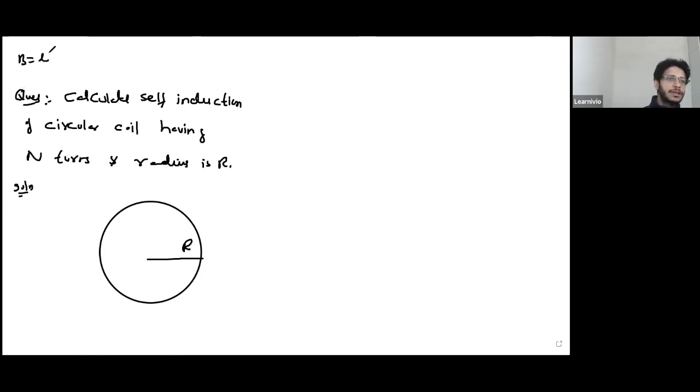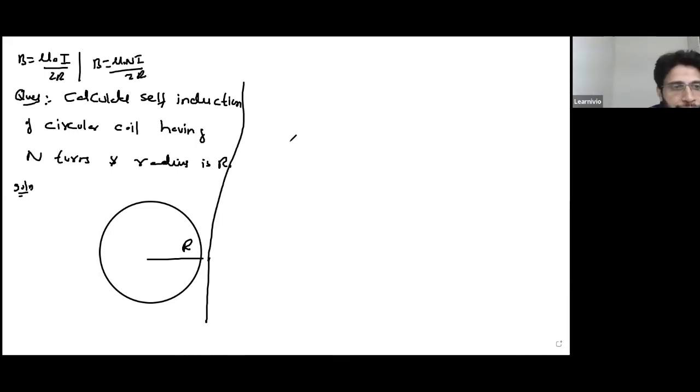The magnetic field at the center of the circle is mu naught i by 2R, if it has one turn. But if it has n turns, then multiply it by n. So the magnetic field is mu naught n i over 2R. Next, I need the flux through each turn.